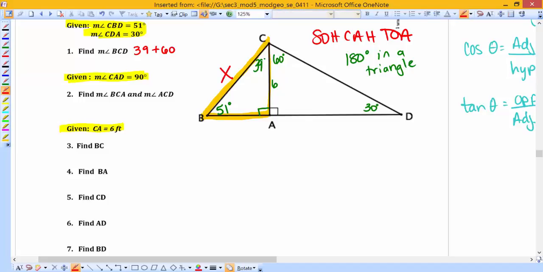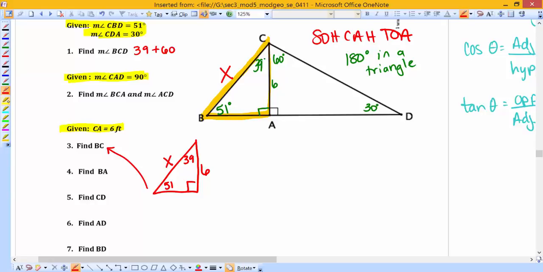This is what I'm trying to find right now. I'm going to draw that separately. It might make this easier if you look at them as separate triangles. This is 6, and this is what I'm looking for. So this is for number 3. I'm looking for x. I have to use SOHCAHTOA.